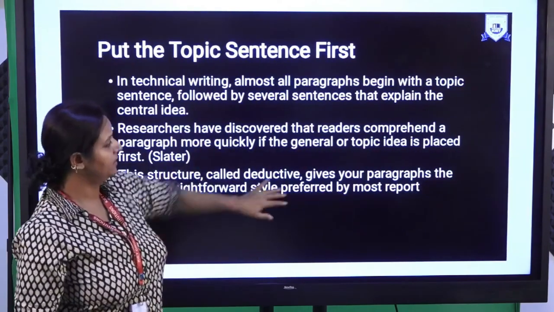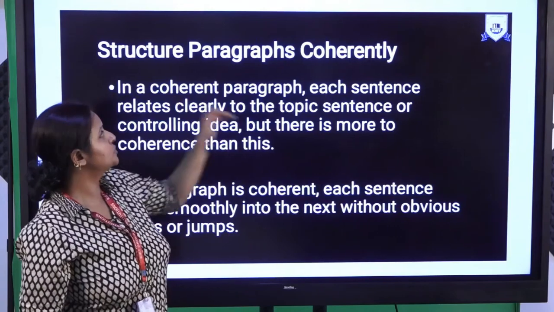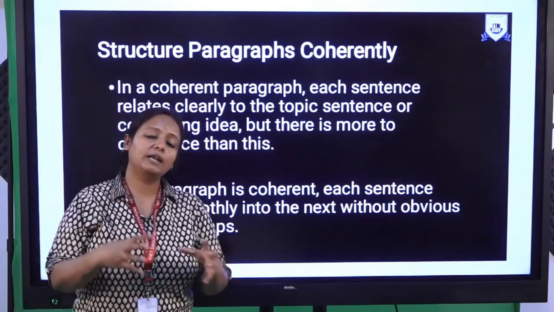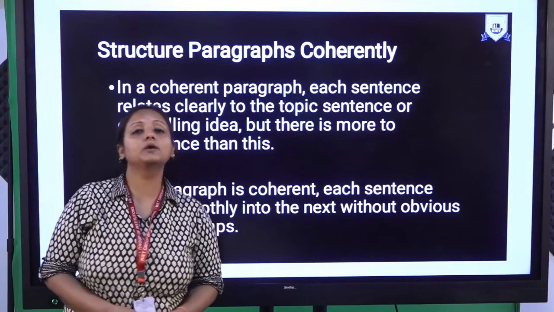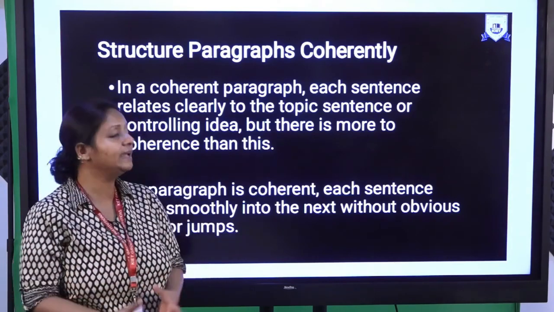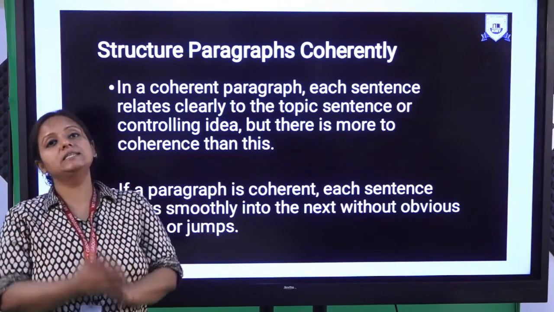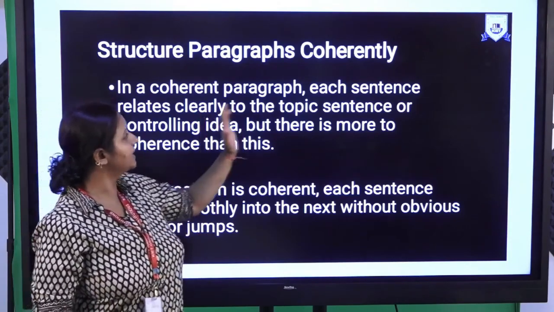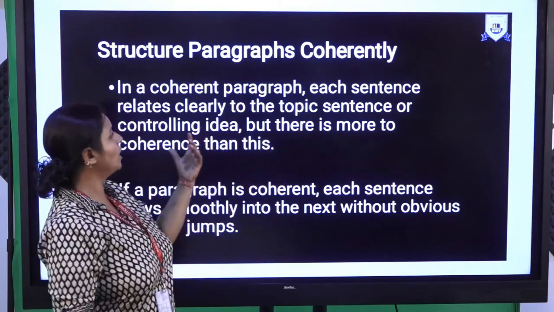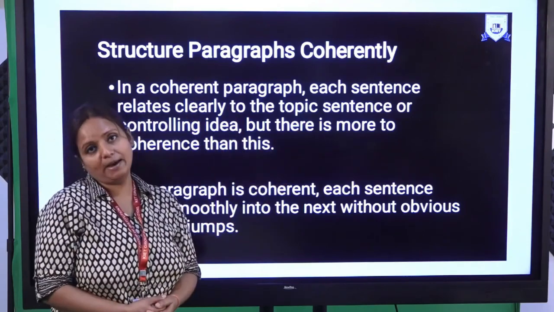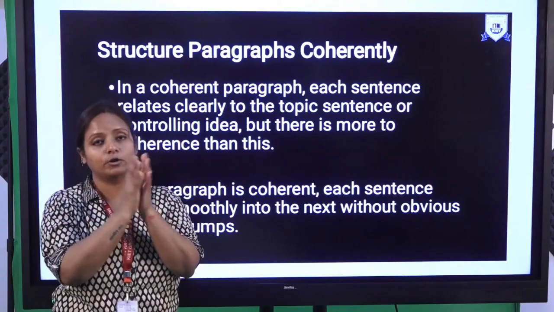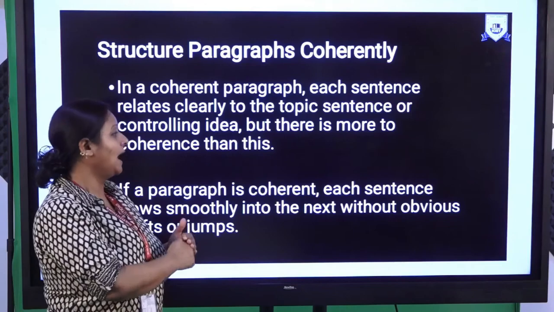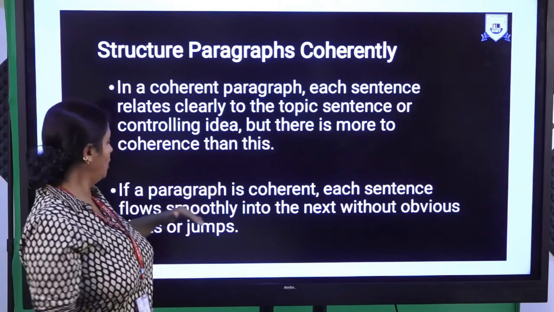This is explained here. Now the next is structure your paragraph coherently. When there are different sentences which you are arranging in a paragraph, they should be coherent. They should be interlinked and logically sequenced. That is what coherence is about. Each sentence relates clearly to the topic sentence or the controlling idea of the paragraph. They should be related to the most important idea or sentence, and they should be interlinked, and the sequence should be logical.